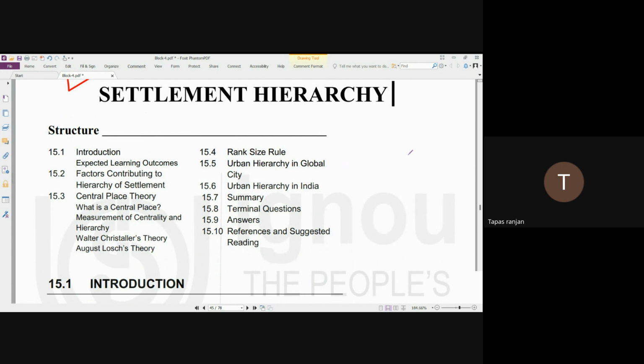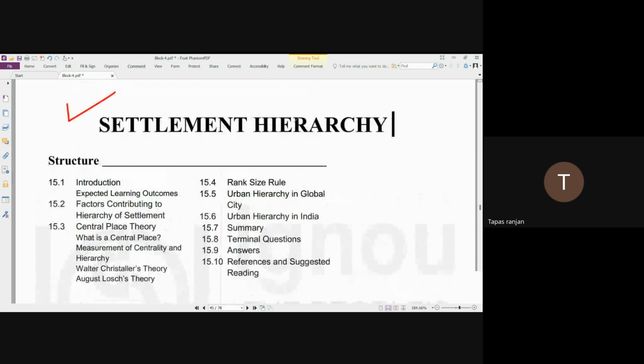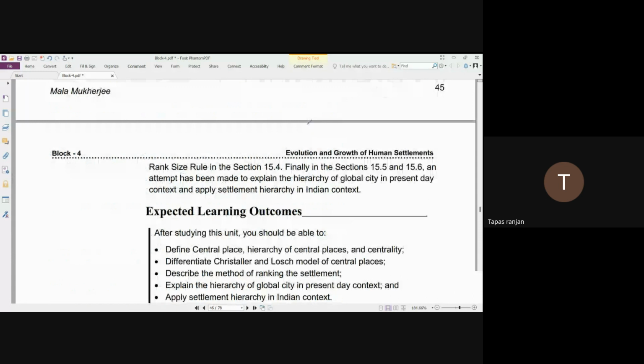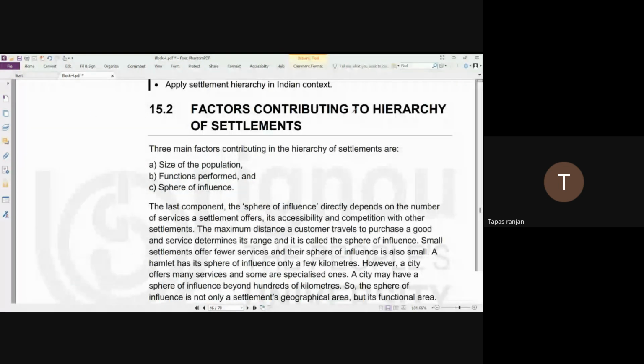Now if we look into concepts like metro city, mega city, and other concepts like conurbation or megalopolis, all these are different concepts, and those can be used for urban settlement hierarchy. So what are the different factors contributing to the hierarchy of settlement?